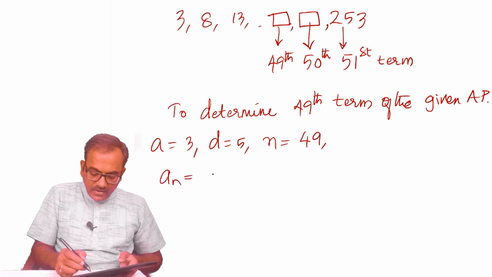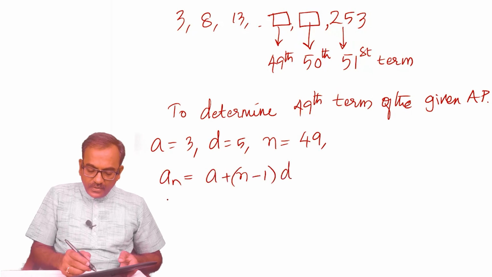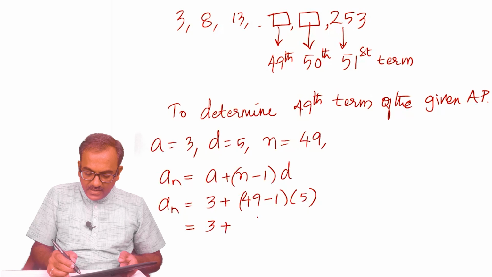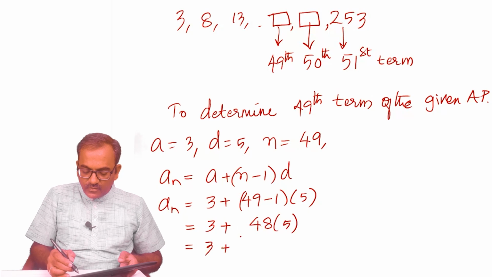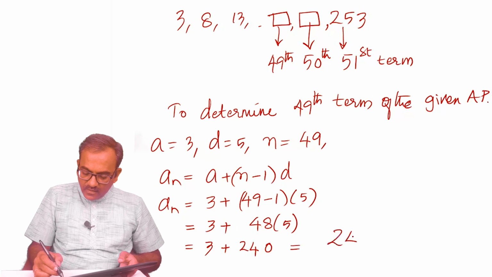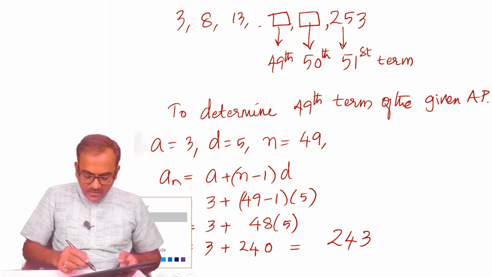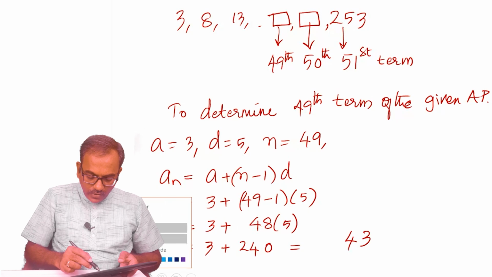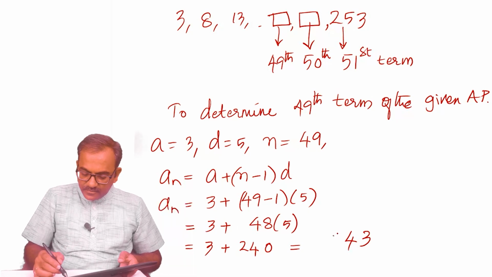So AN is equal to A plus n minus 1 times D. So AN would be 3 plus 49 minus 1 times 5, which is 3 plus 48 into 5. This is 3 plus 48 fives are 240. Then I have got 243. So 243 is my answer.